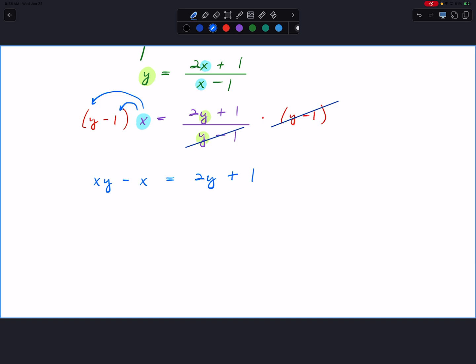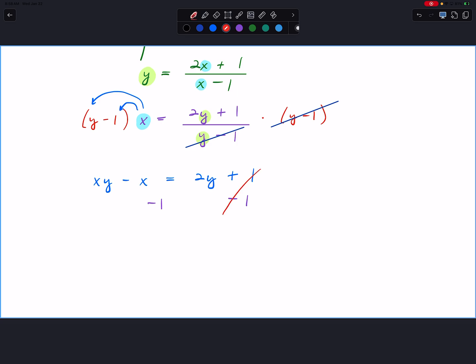Now this looks a little weird. Remember, what's our goal? What do we want by itself? Don't we want y by itself? So do you guys see how we have a y on this side and we have a y on this side? I need to get all the y's on one side and everything that's not a y on the other side. So I'm going to subtract 1 from both sides. And then this will cancel.